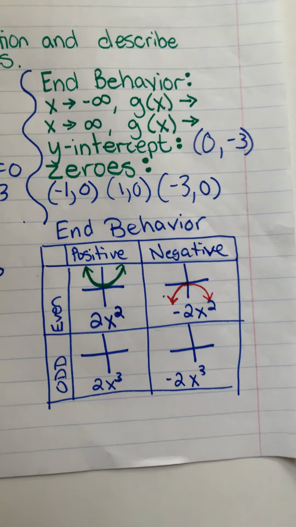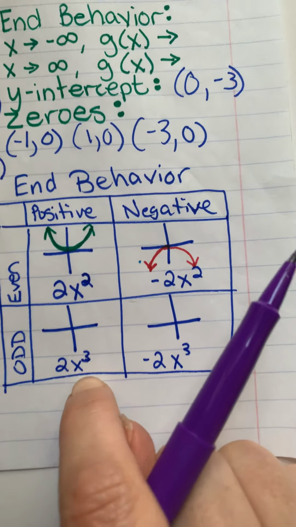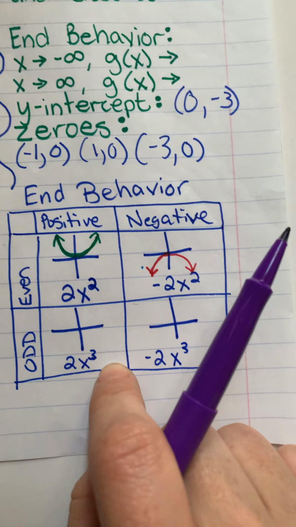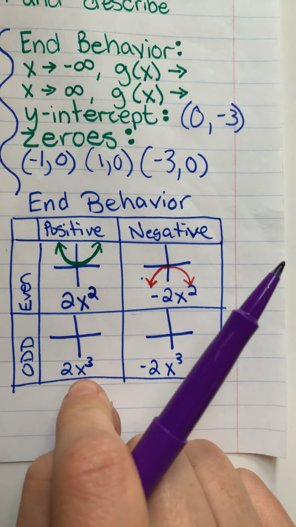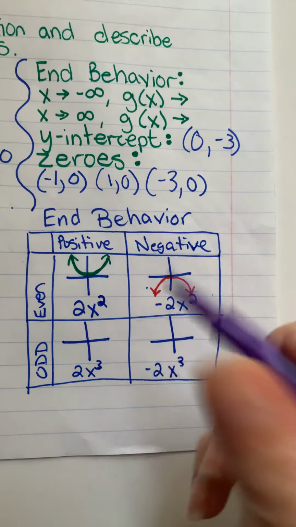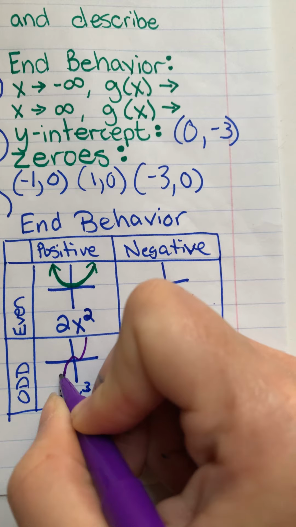Then if I have an odd exponent and a positive coefficient, if my x is positive, it's going to come out positive. But with an odd exponent, if my x is negative, that third time that I multiply the negative, it's going to make it negative again. So these do something weird like that.